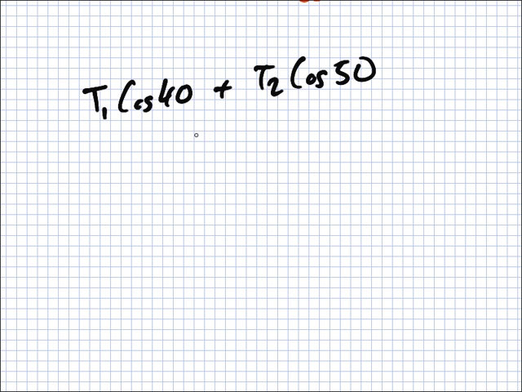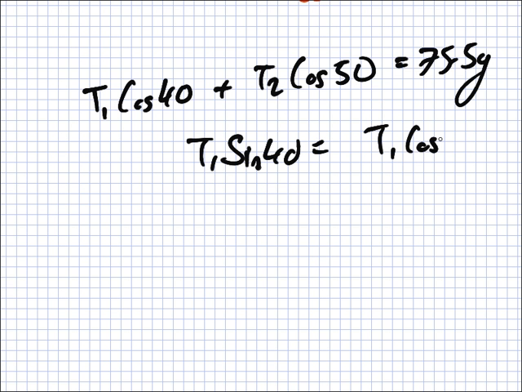So the forces vertically would be T1 cos 40 plus T2 cos 50, and that should equal 75.5 G. And then horizontally T1 sine 40 equals T2 sine 50. Then we have to solve for T1 and T2. Make T1 the subject and sub it in.